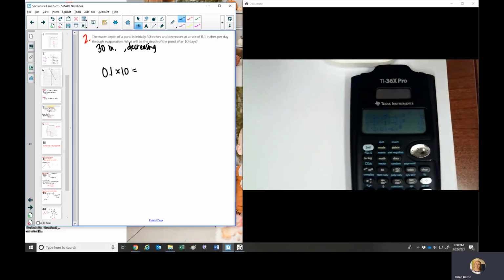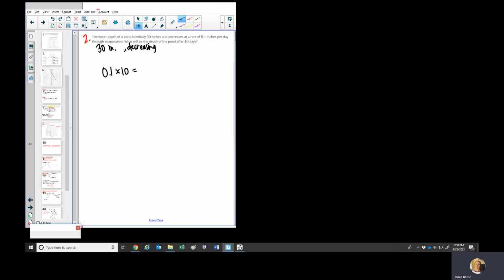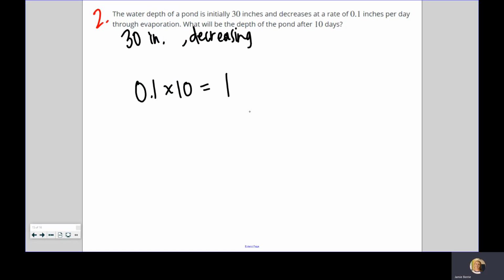Let me just show you. 0.1 times 10 is 1. That's 1. So that means it went down 1 inch over the 10 days. So 30 inches minus 1 is 29 inches. So that's the depth of the pond after 10 days.